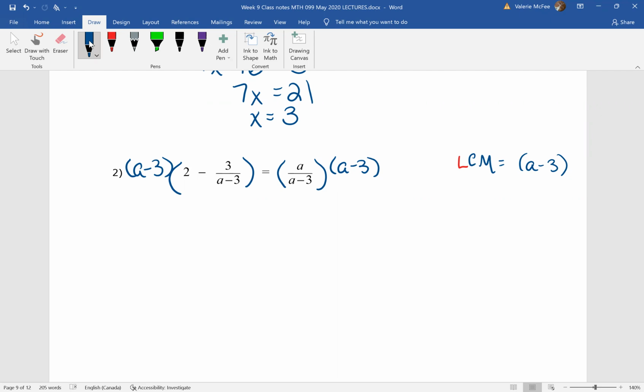Notice that a minus 3 is in brackets because it's a binomial. I want to remember that it has to stay together. We're going to use the distributive property on the left to make sure every term multiplies that lowest common multiple. So we have 2 times a minus 3. And then I have a minus 3 times 3 over a minus 3.